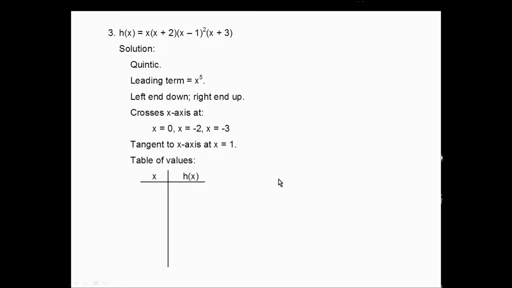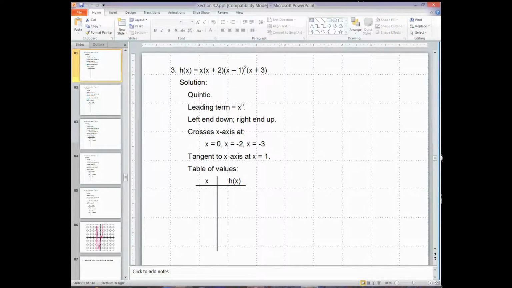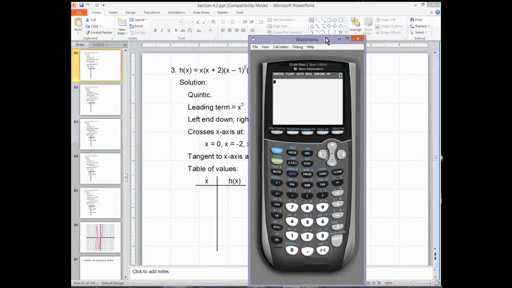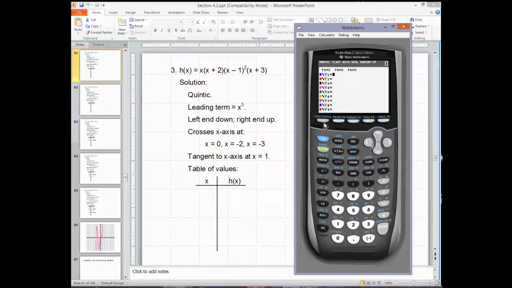So I'm looking at my x and my h of x. Now again, if you want to take the lazy way out again, I've got my y equals x, open parenthesis, x plus 2, close, open, x minus 1, and that one's squared, open, x plus 3, close, and then just graph away.